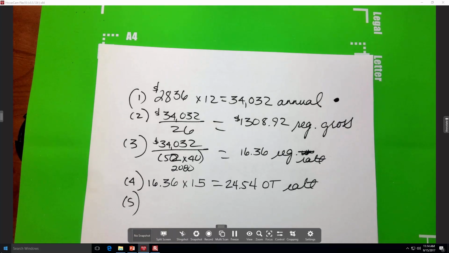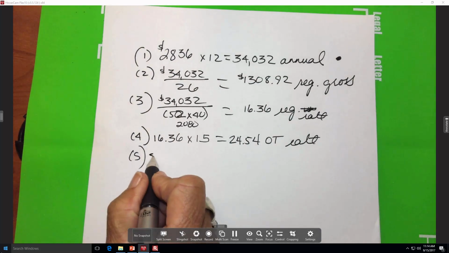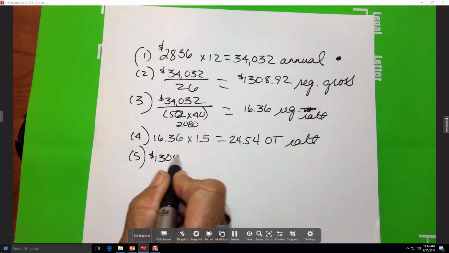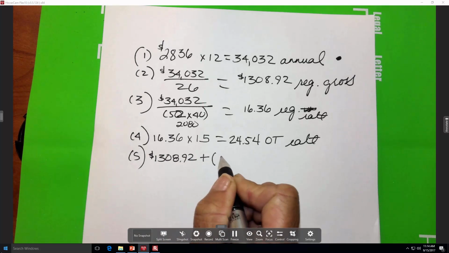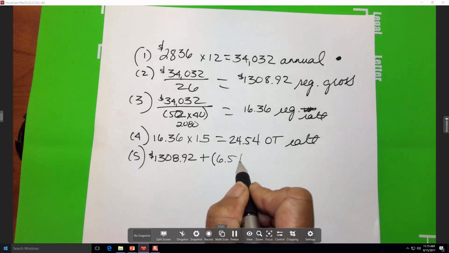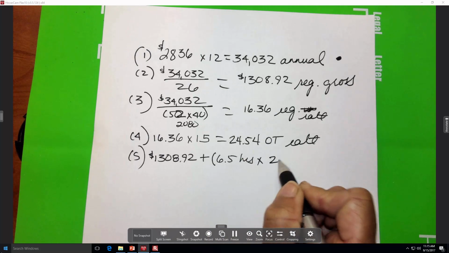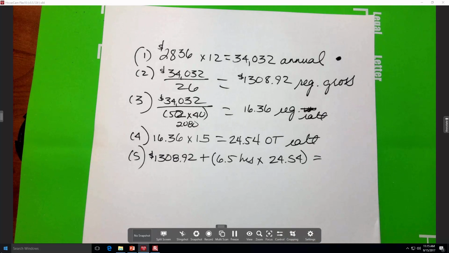Number five, we pull the whole thing together, which is my regular gross wage plus, what did I say, the 6.5 hours of overtime times my overtime rate, plus 1308.92. Gross paycheck, 1468.43.